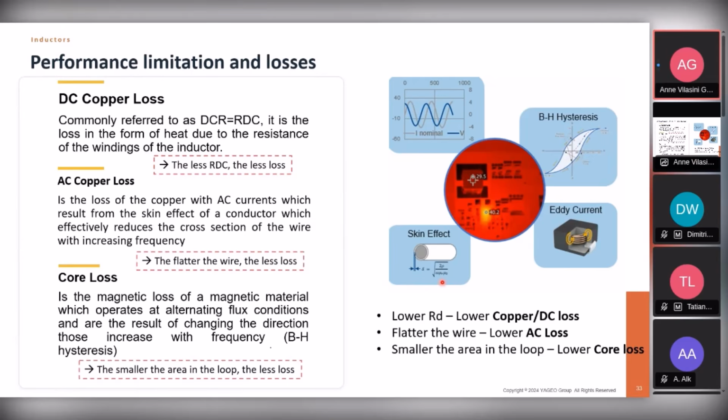There's also something called core loss, which is the loss of the magnetic material itself. That is the BH hysteresis loop. It also grows with frequency, and the area of the hysteresis loop shall be as small as possible to reduce the loss. The total loss in a single inductor is simply a sum of all the different types.